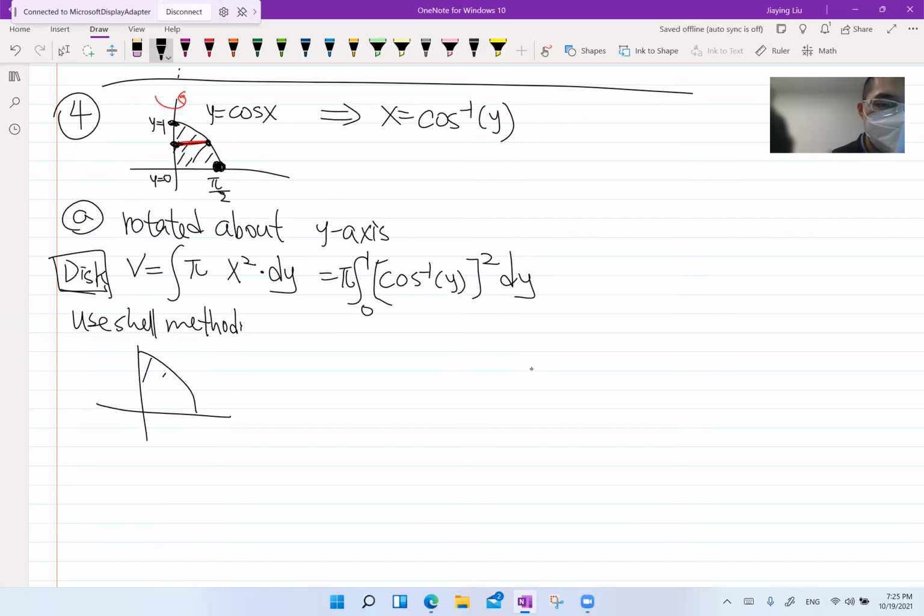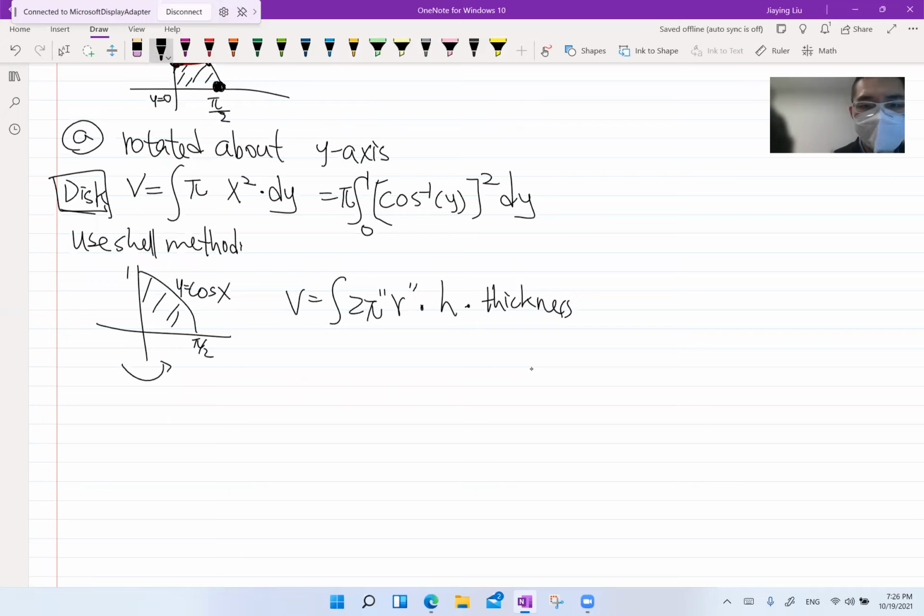So again, we have this area from 0 to pi over 2 under y equals cosine x, and we're rotating about the y-axis. We're going to use the shell method, which says we take 2 pi times the radius, which gives the circumference, then multiply by the height of the cylindrical shell, and then the thickness. So 2 pi for now.